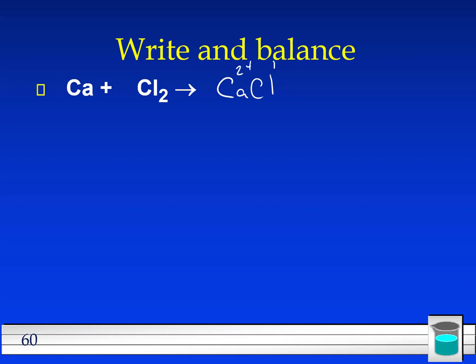Ca is 2 plus, Cl is 1 minus, CaCl2. The 2 is there because of the charge, not because there was a 2 on the other side. I don't copy that 2. This 2 is here because chlorine is diatomic, unlike calcium, which is not diatomic. So that now says calcium and chlorine make calcium chloride. It just works.